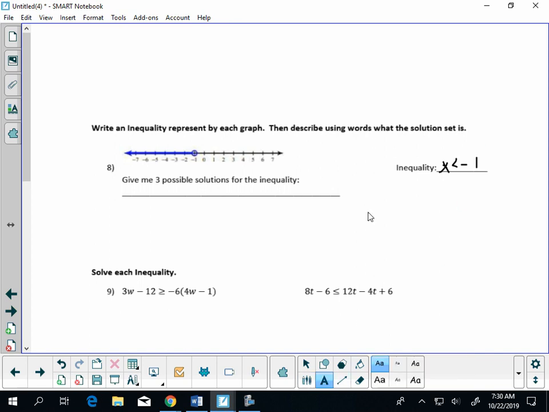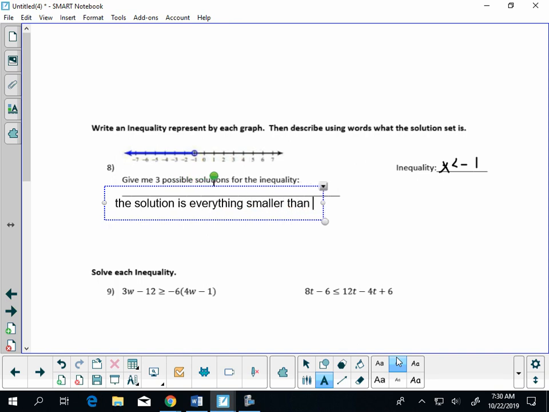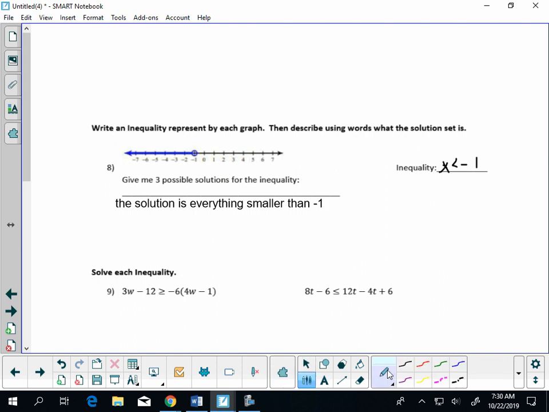And if I were going to use my words, that just means the solution is everything smaller than -1. And they're asking for 3 possible solutions.